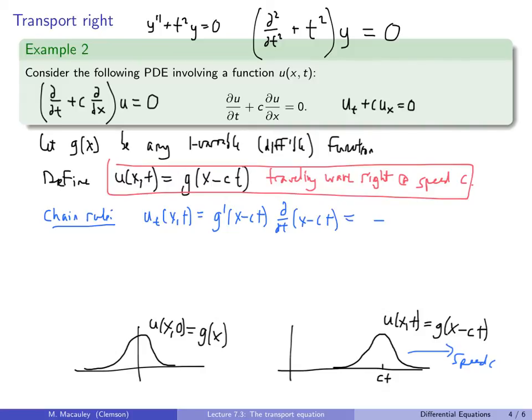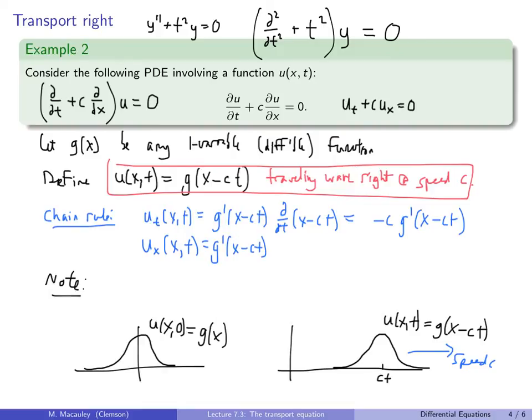So that's minus c times g prime of x minus ct. And then ux of x, t is similar: it's the derivative of this times the x derivative of the inside, which is 1, so that's just g prime of x minus ct.